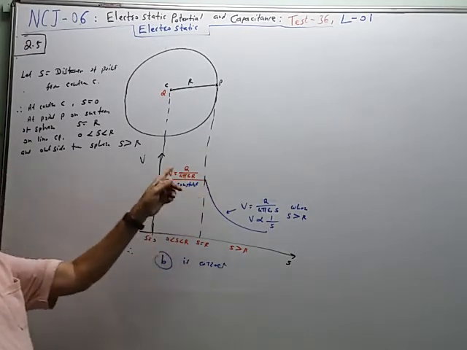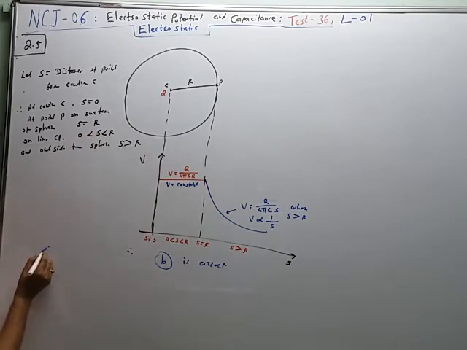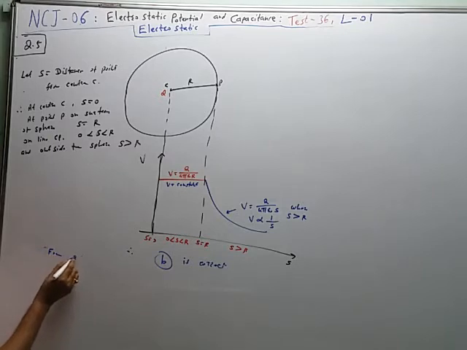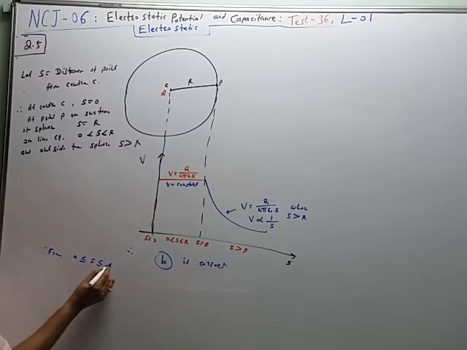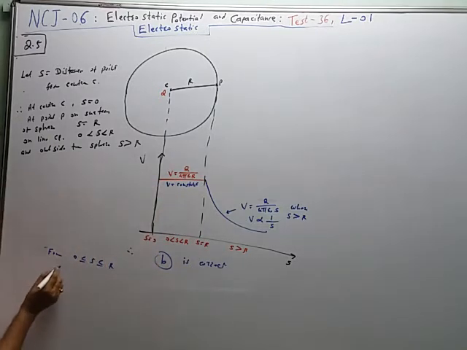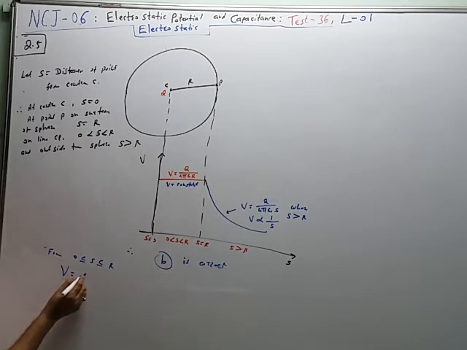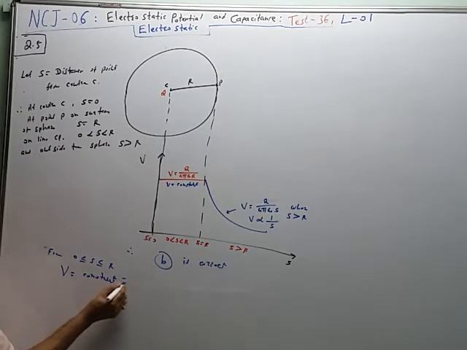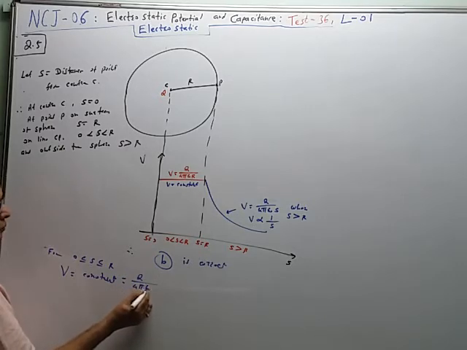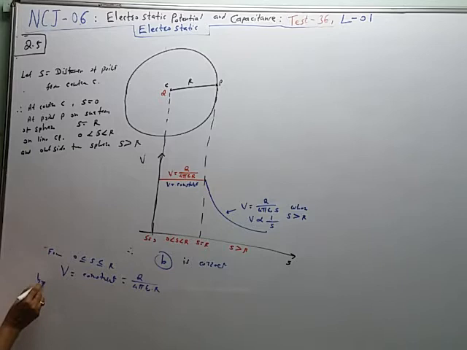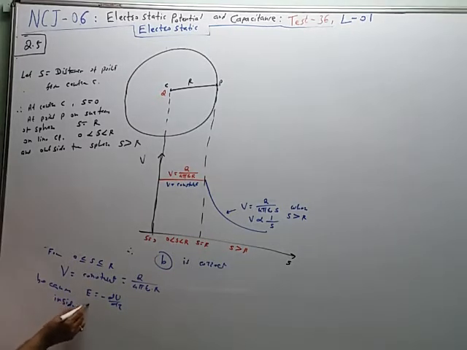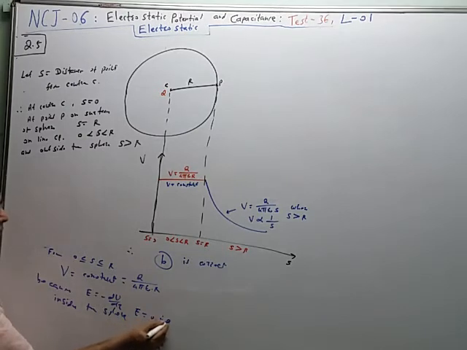Now why does potential remain constant? The reason is the same. For 0 less than or equal to S less than or equal to R, the whole region, V is equal to constant, equal to Q upon 4 pi epsilon naught R, because E is equal to minus dV by dr. Inside the sphere, the first problem we repeat again: E is equal to 0, therefore dV is equal to 0, therefore V is constant.